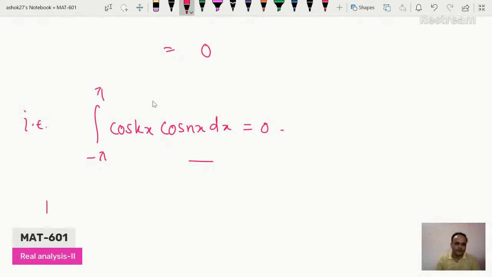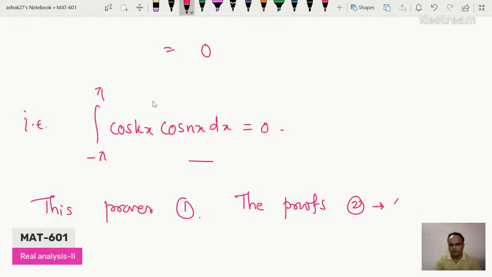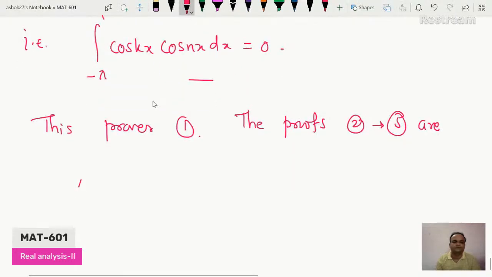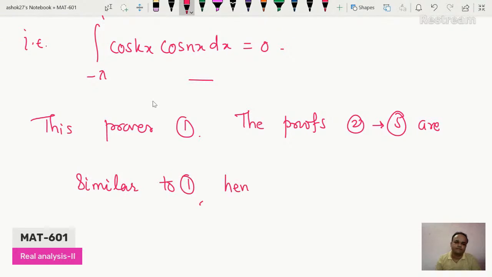So this proves result 1. The proofs of 2 to 5 are similar to 1, hence you can complete these proofs at home.